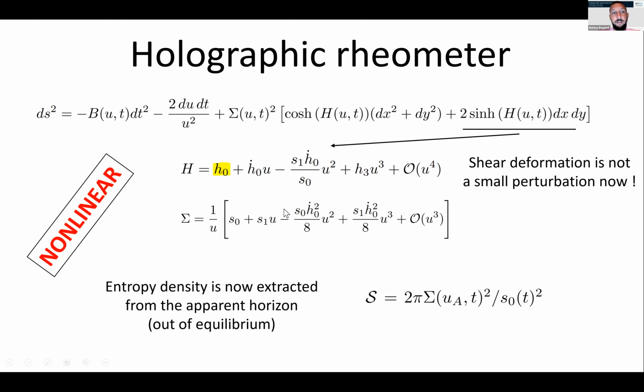For example, here I put an example of what I mean by being careful. One example is the entropy density. One has to be very careful to define entropy density, or entropy in general. There is increasing evidence that the entropy density should be extracted from the apparent horizon and not from the black hole horizon that is formed, because this is an out-of-equilibrium system. And here I give the definition. The entropy is related to the area of this apparent horizon, where UA is not the position of the black hole horizon, but the position of the apparent horizon.